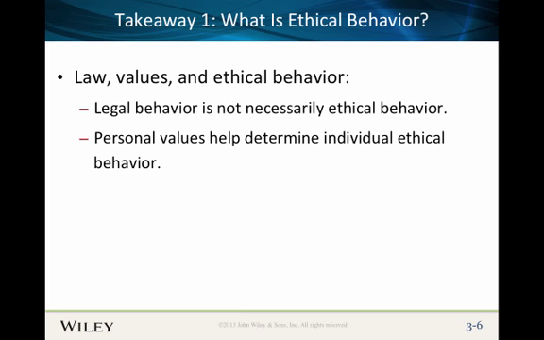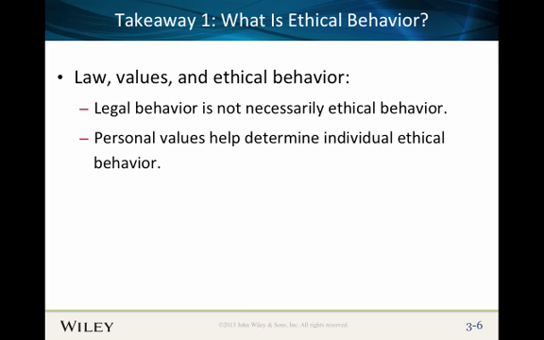And then also personal values help to determine our ethical behavior. We might personally ascribe to certain types of values that frame what we see as being ethical or unethical. For example, you might believe personally that you shouldn't download music, even if it might be technically legally okay.